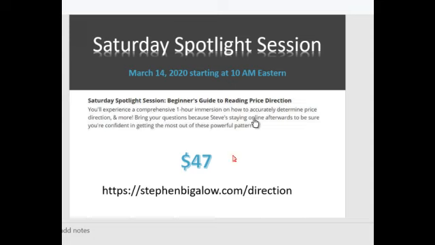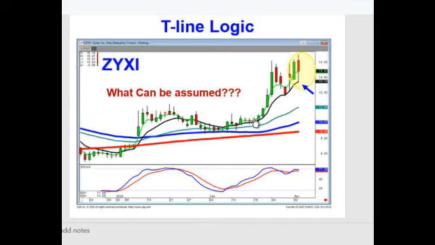It's $47. We advertise it for an hour session, but as everybody learns from experience, they usually go on for 2.5 hours. What we're going to be doing is starting on a blank chart and then coming back and adding each indicator, and going through the relevancy of why we add that to the chart.